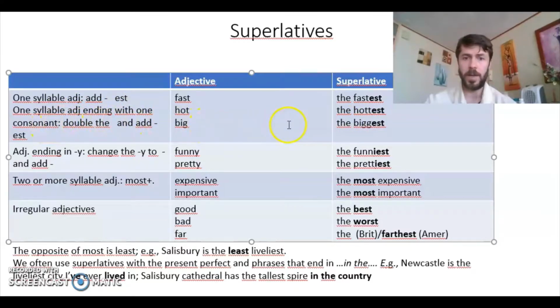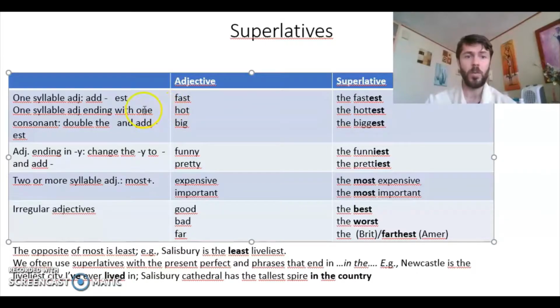One syllable adjectives ending with one consonant, right? So hot, one consonant, T, because the previous letter is a vowel, O. The same with big. It ends in one consonant, G, because the previous letter is a vowel, I. That's not the case in fast. Fast ends in how many consonants? Two, S-T.